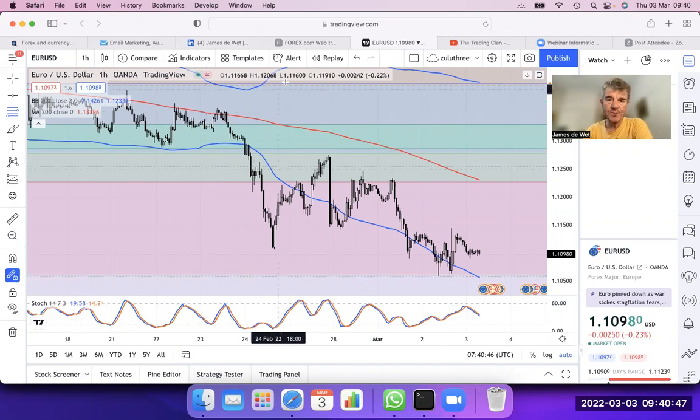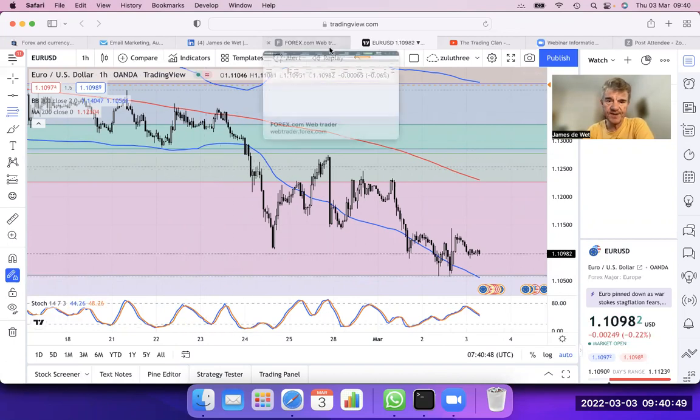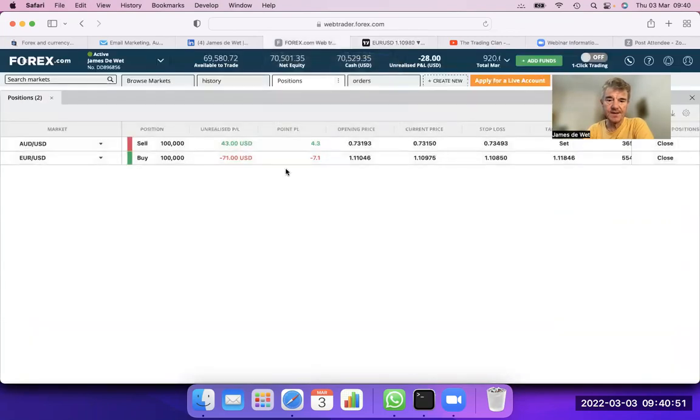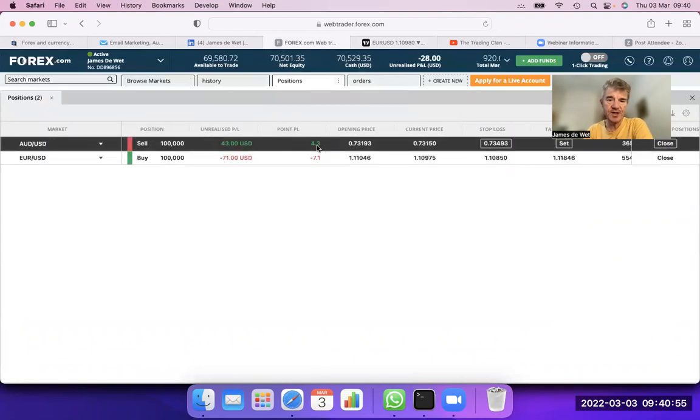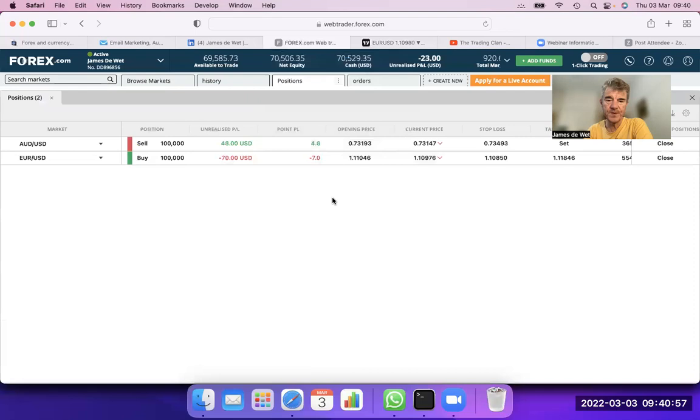I just wanted to show you one more thing, as I mentioned briefly earlier. Those are the two trades that we've got on: the Australian dollar at a positive 4 pips, a whopping 4 pips, and the euro US dollar at negative 7 pips. So we've got stop losses in for both of these trades.